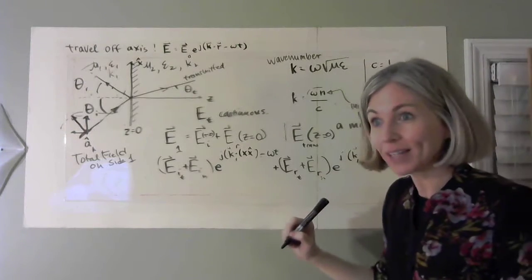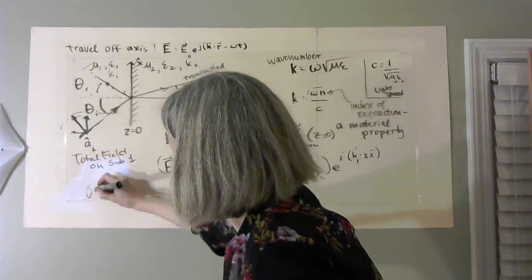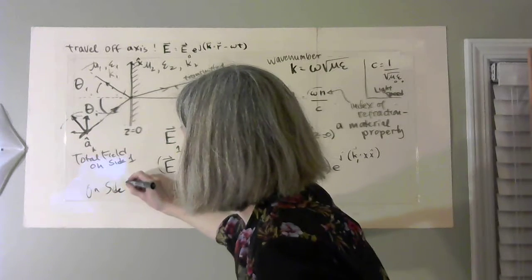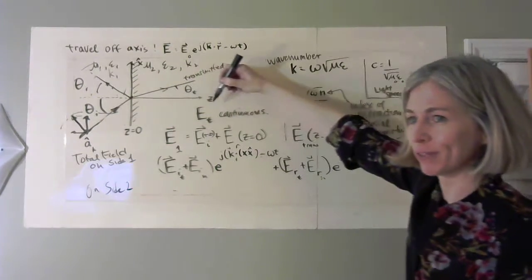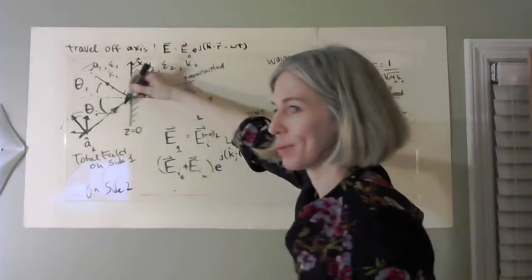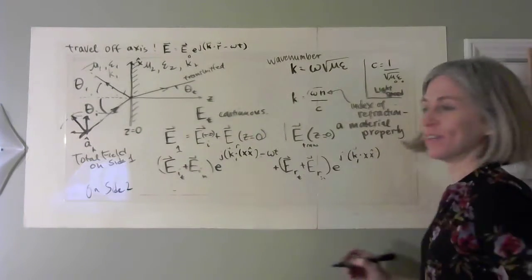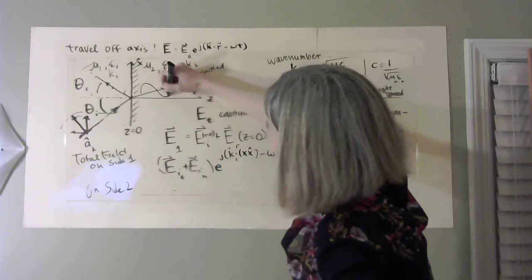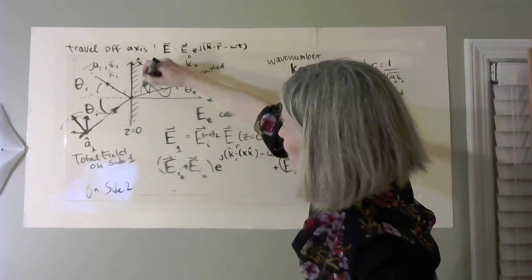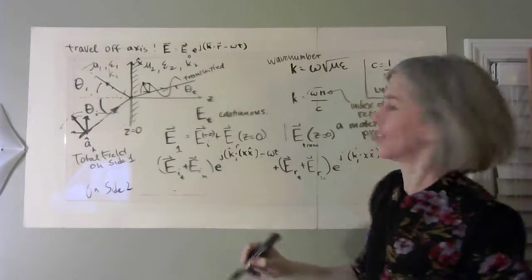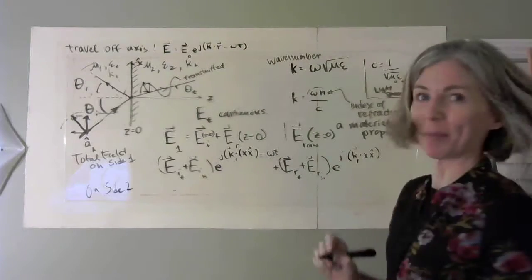On the other side of the boundary, we're going to stay at z equals 0. Bigger z means getting farther away from the boundary. We're going to write out our expression for this transmitted wave. It's got some tangential and some normal components, and it's multiplied by this oscillating complex exponential.